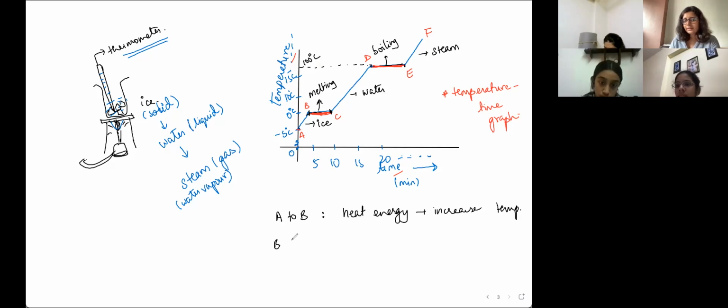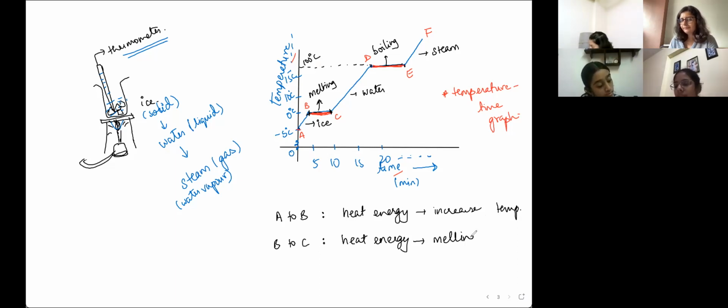लेकिन B to C क्या हो रहा है? We are providing the heat energy that is still on, but instead of increasing the temperature, this heat energy is used in melting. So melting is essentially when solid is being converted to liquid, right? Solid में क्या है? You have strong intermolecular forces of attraction. It's very rigid. They're all held in their own place.